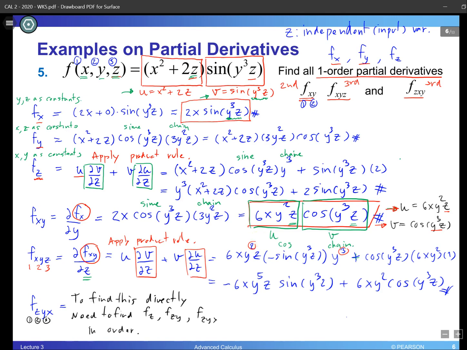But if you remember what we talked about in the previous example, the order of the partial derivative operation doesn't matter. If you recall, fxy is equal to fyx. What I told you there is that the order of the operation doesn't really matter as long as the number of operations on each variable is the same.